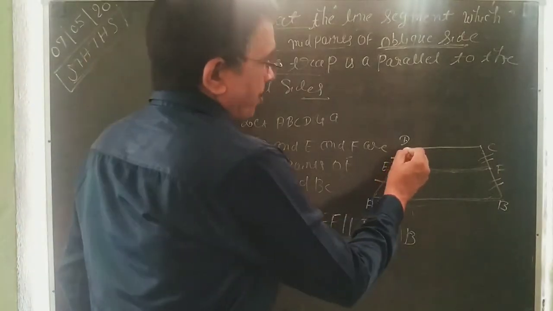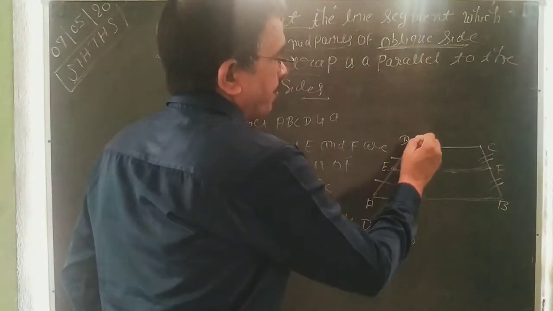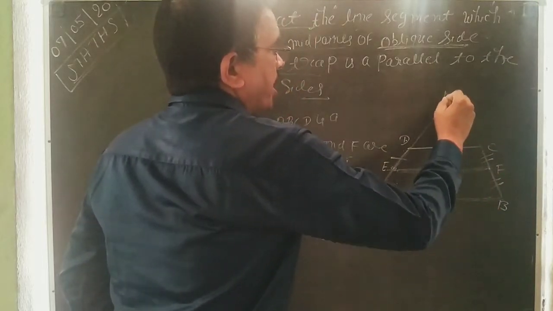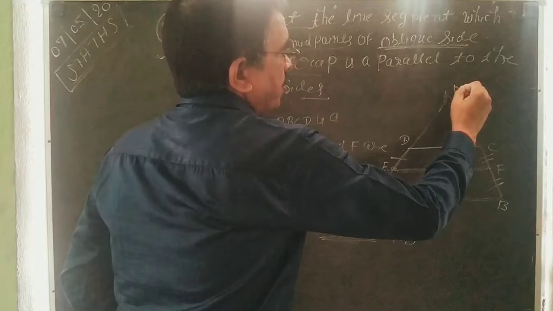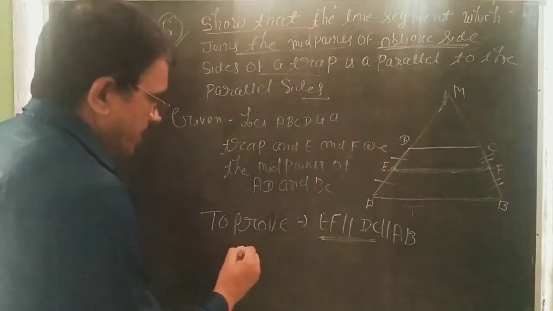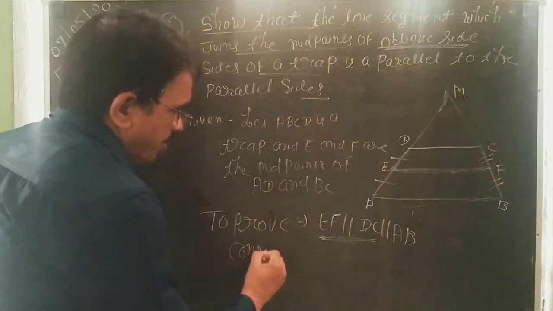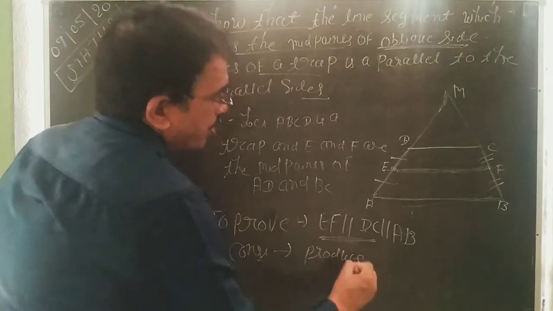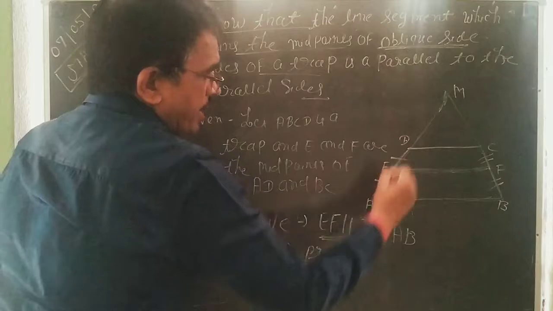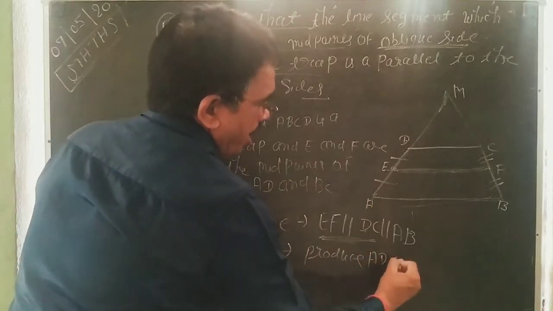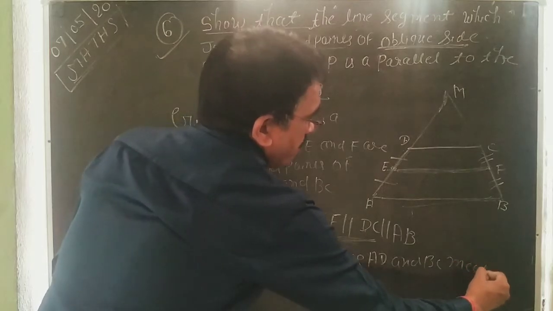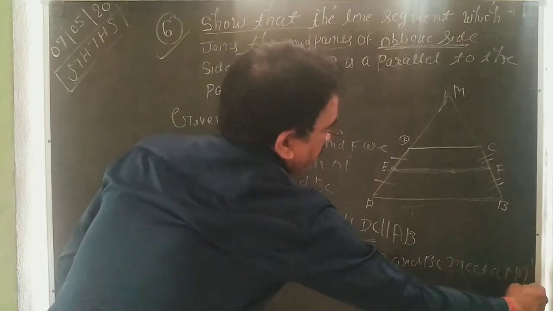So first you produce AD and produce BC, meet at M, suppose. So in construction, you write produce AD and BC meet at M.